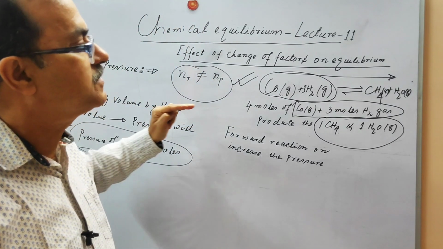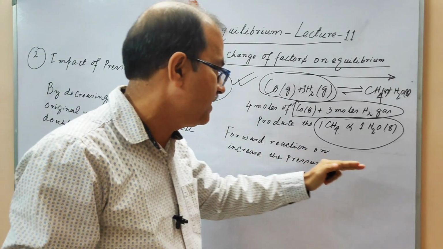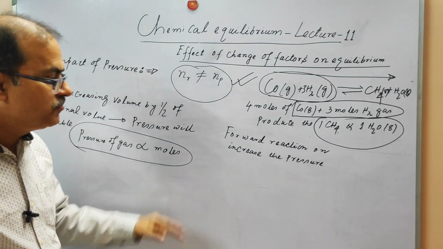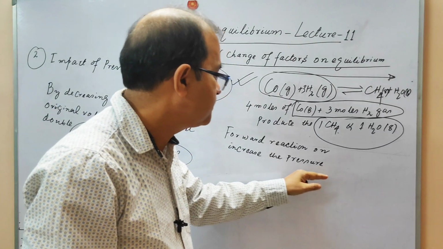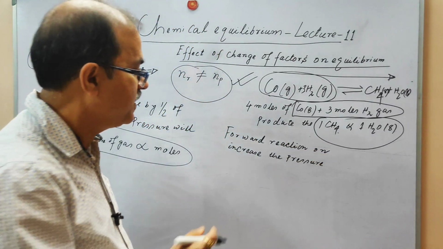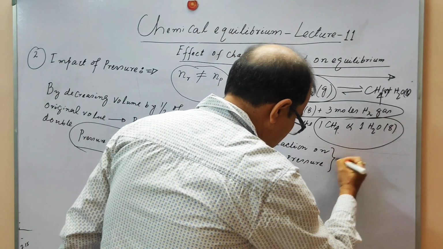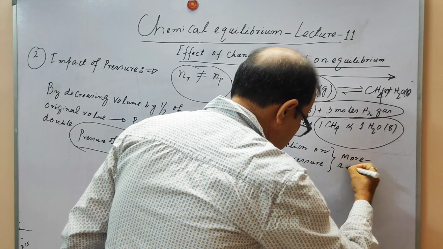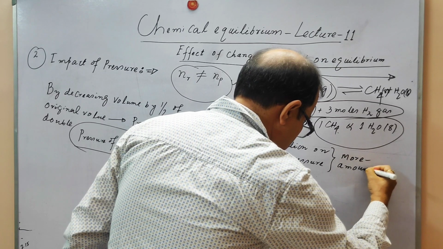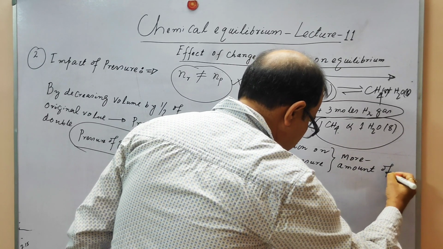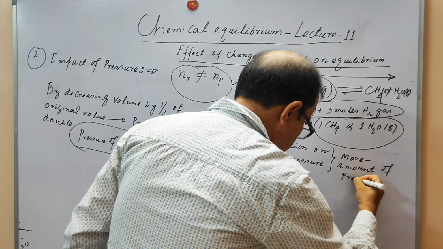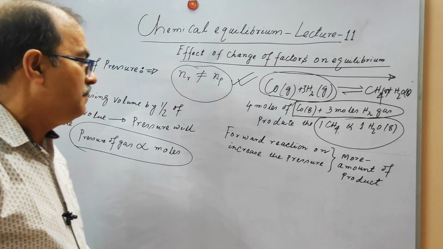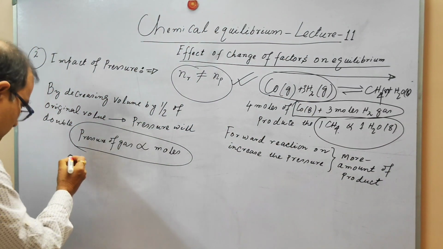So this reaction will proceed in the forward direction. With the increase in pressure, the forward reaction will be there and you will observe a greater amount of product. But there is another reaction I will tell you.